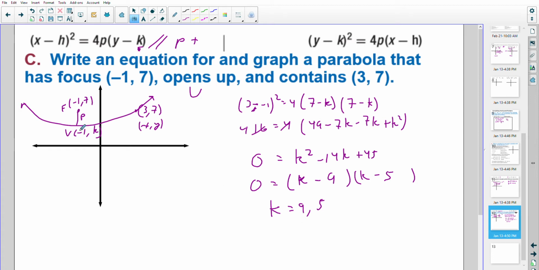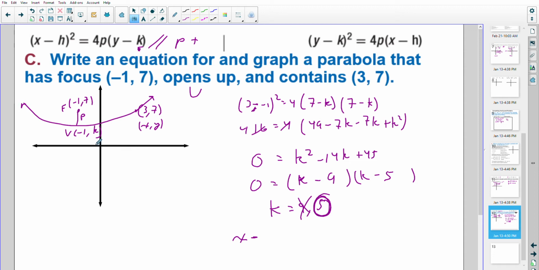However, you have to remember that the parabola is going to swing up, which means that your k has got to be less than your 7. So the only feasible answer is going to be this 5 right here, which we don't want 9. Now at this point, I can go ahead and substitute in to my general equation. x minus your h.